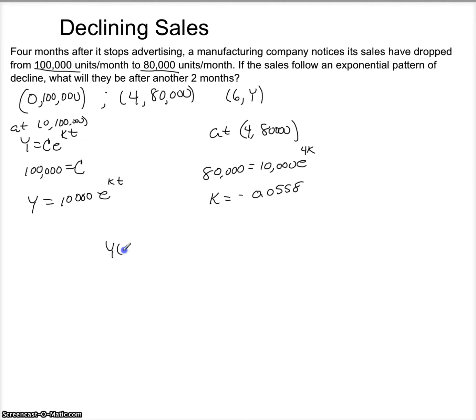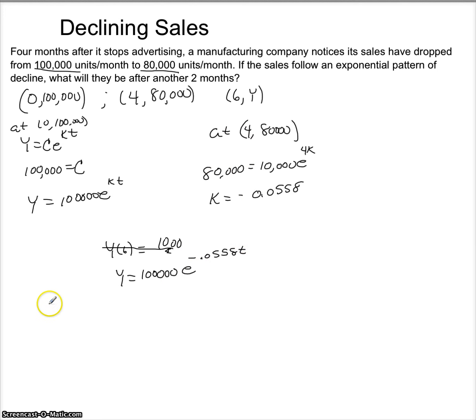So to find this, I want to know what y is at 6. So y at 6 is going to be c, which is 10,000, or excuse me, 100,000. Did I lose a 0 there? I sure did. Happens. I made a mistake, so I'm just going to draw a line through it. Let me back up and rewrite my formula. This is 100,000 e to the minus 0.0558t.